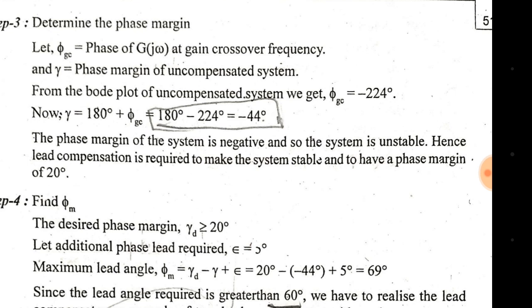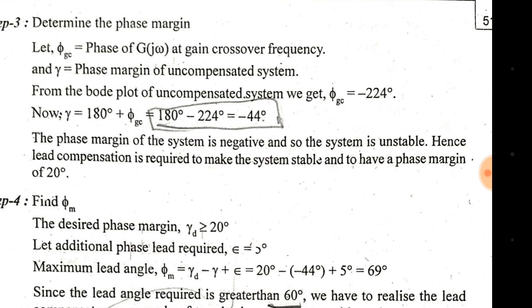So the point is, if the question is not saying what kind of compensation you need to do to the network, just from this point you will understand what type of compensation it needs.